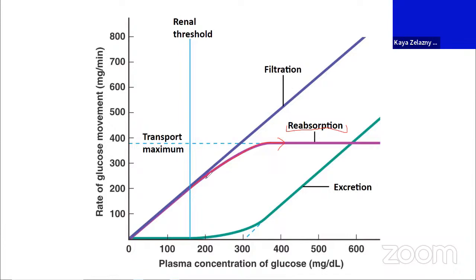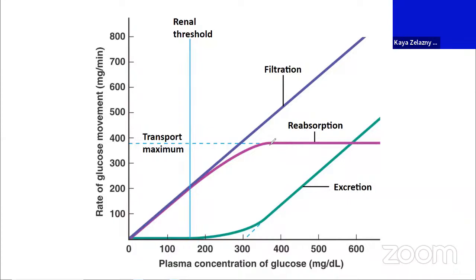If we're not reabsorbing all that glucose that we're filtering anymore, it's got to go somewhere. And where it's going is into the urine and it's getting excreted. So we're matching up, right? This missing piece, the stuff we'd like to be reabsorbing, is now here and getting excreted out. So those are matching up here.